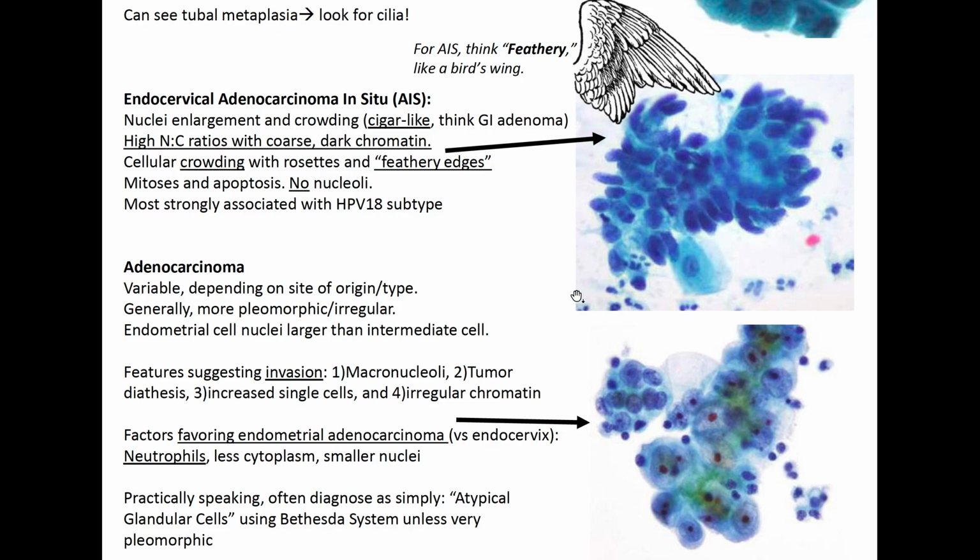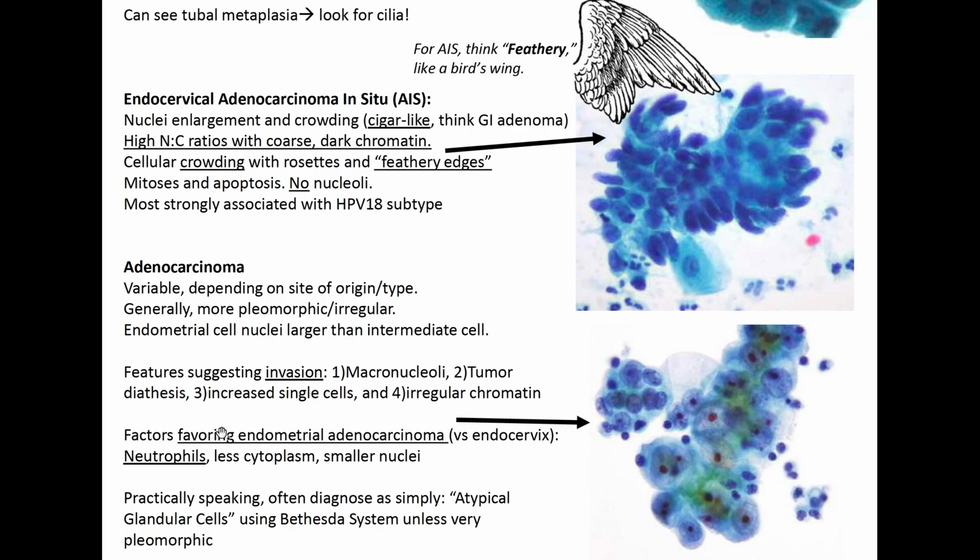Moving on to adenocarcinoma. It can be variable, depending on the site of origin or the type. So generally, adenocarcinoma is more pleomorphic or irregular, and it'll have nuclei larger than an intermediate cell. Features suggestive of invasion are macronucleoli, tumor diathesis, increased single cells, and irregular chromatin.